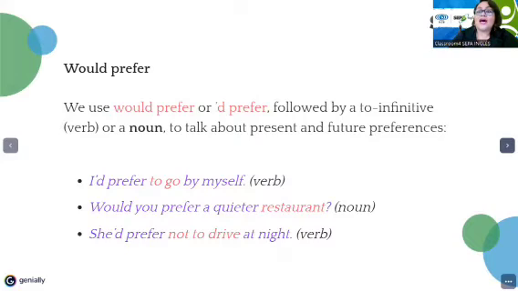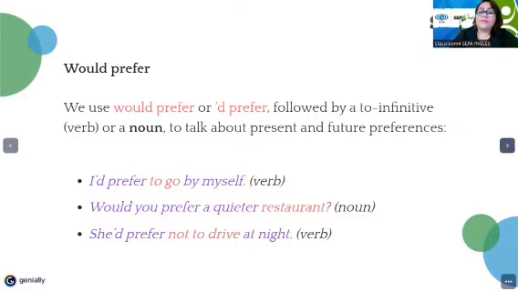When I use I prefer to go, the verb is in infinitive. Next, would you prefer a quieter restaurant? Is a noun. I'm talking about the preference of something, but not a verb.